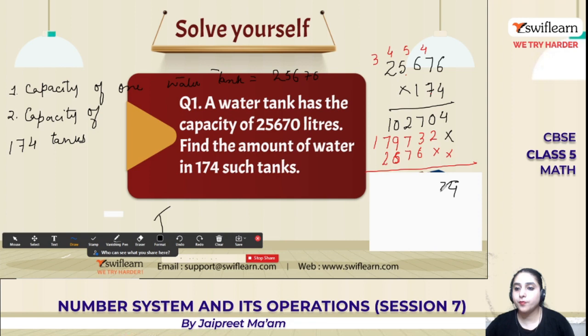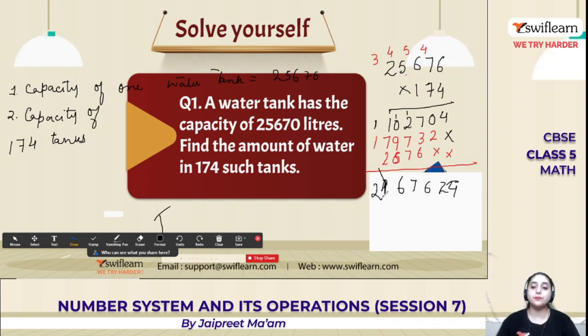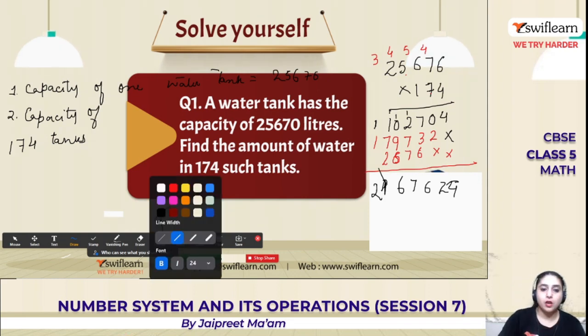Is 10 and 16. 1 will be carried forward. 14, 15, 16 and 17. 1 carry forward will make it 12, 11. So 1 will be carried forward. It's 2, 21.